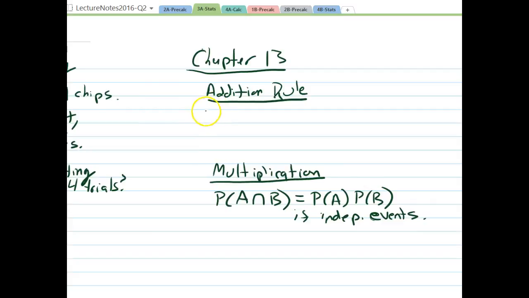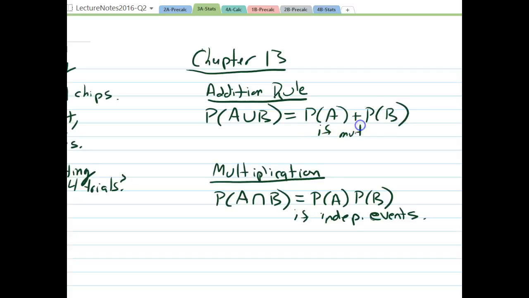And then the addition rule says that if I have A or B, we are going to add together those individual probabilities if they are mutually exclusive. Meaning that there's no overlap between the probabilities; in other words, the two things can't happen at once.